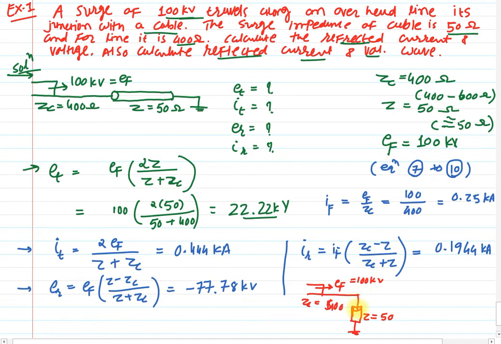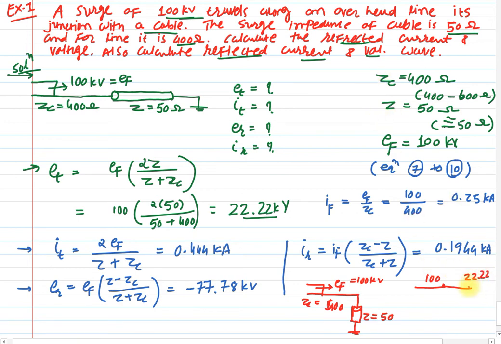Now here, let us understand the traveling wave. If it is transmitted, over total we have 100 kV. If it is transmitted, then the value of ET is 22.22.